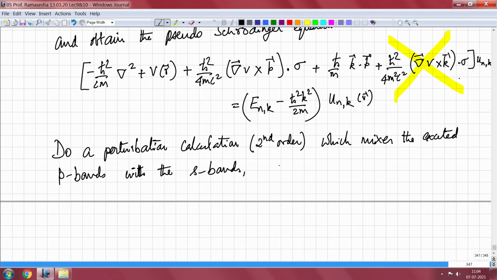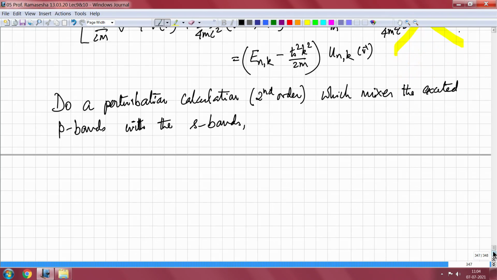I am not going to show how one can do it. One can always look at the literature and find out for oneself.